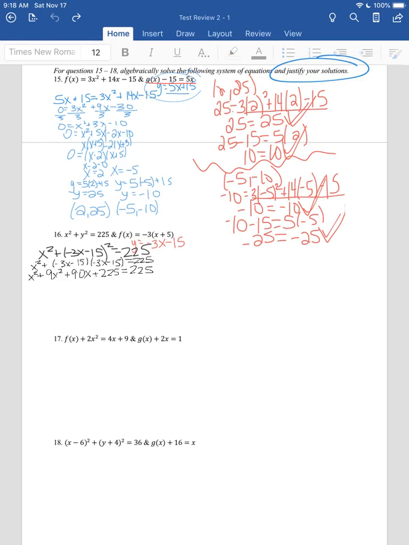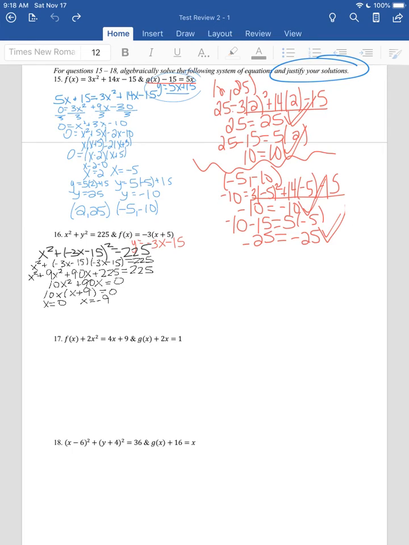Combining like terms and subtracting 225, I get 10x squared plus 90x equals 0. I factor out 10x and am left with x plus 9 equals 0. So this is x equals 0. This is x equals negative 9.